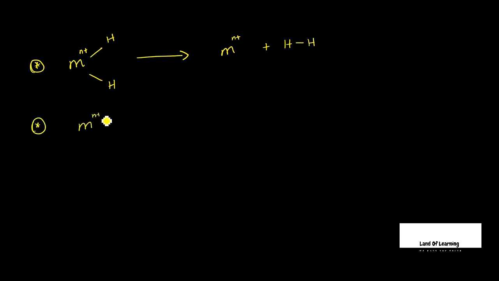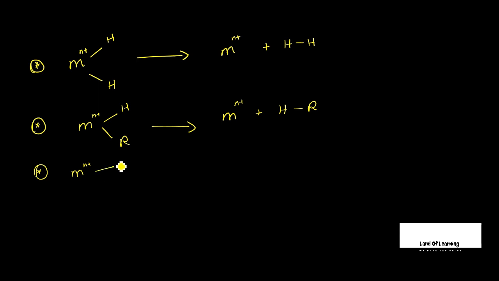In that case, there are three possible reductive elimination processes. Let me draw it up. First, let's take our metal center as Mn plus. There can be hydrogen and hydrogen over here. When the reductive elimination proceeds, we have Mn plus and hydrogen bonded together with hydrogen. This is our first case. Again we can have Mn plus with a hydrogen and an R group, giving hydrogen bonded to the R group, and again we can have two R groups.